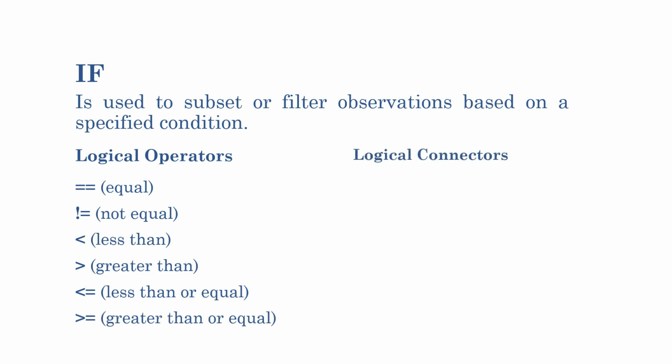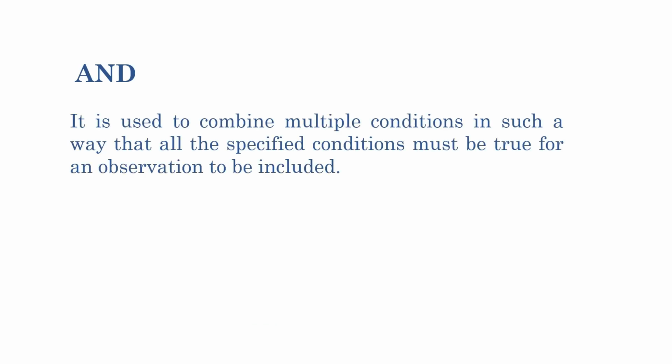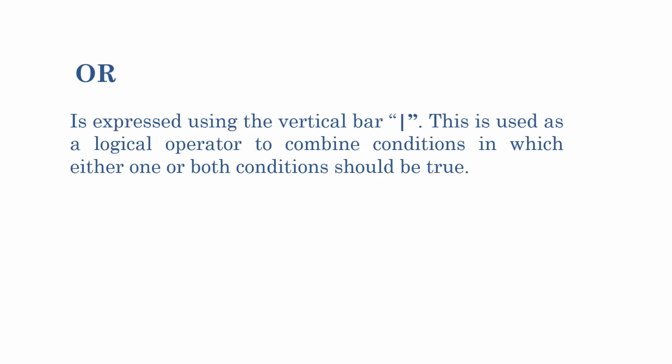Logical connectors: and, or. And is used to combine multiple conditions in such a way that all the specified conditions must be true for an observation to be included. Or is expressed using the vertical bar. This is used as a logical operator to combine conditions in which either one or both conditions should be true.